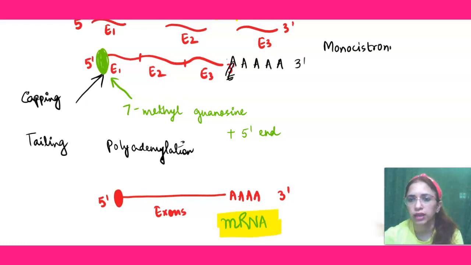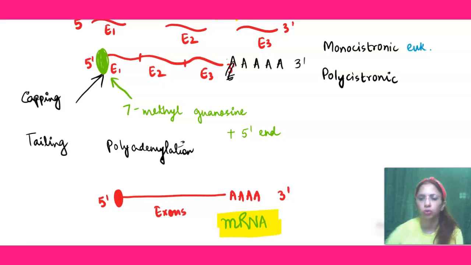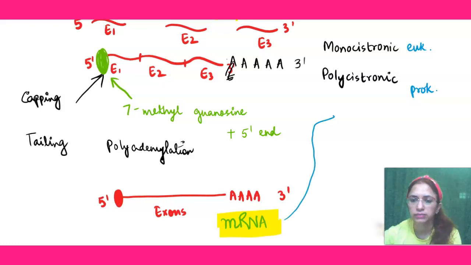Before I end, I just want to explain one more term, and that is monocistronic and polycistronic. Many times it has been asked in the board examination: the difference between monocistronic and polycistronic genes. So remember, eukaryotes are monocistronic in nature because they contain monocistronic genes, whereas the prokaryotes contain polycistronic genes. Now you know that this messenger RNA is formed, right?